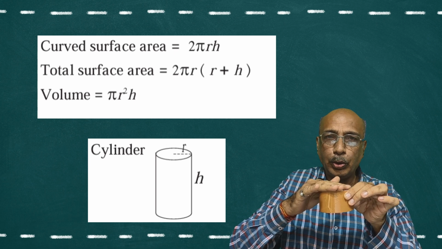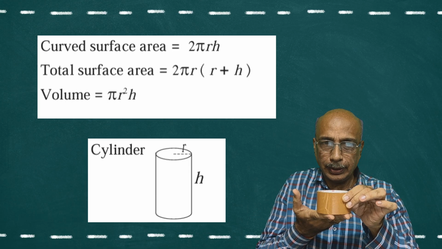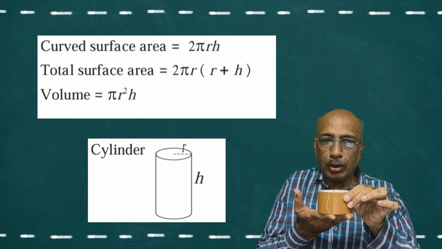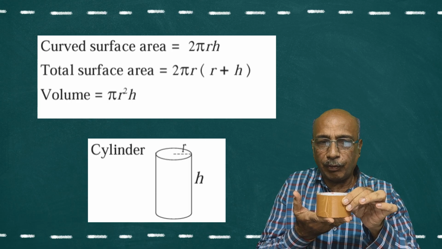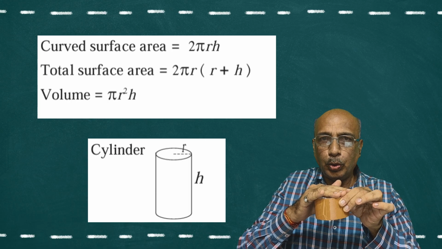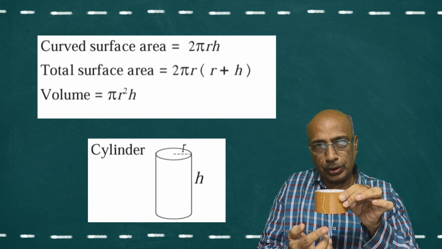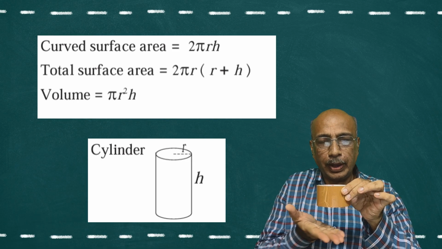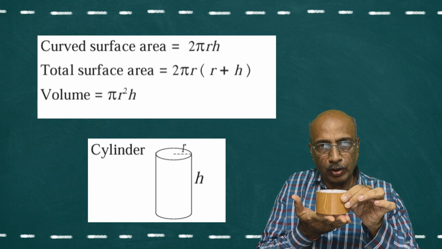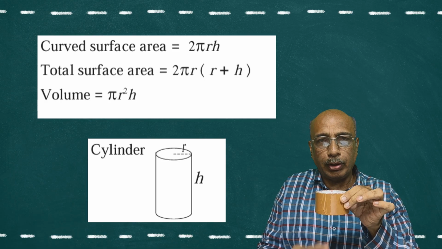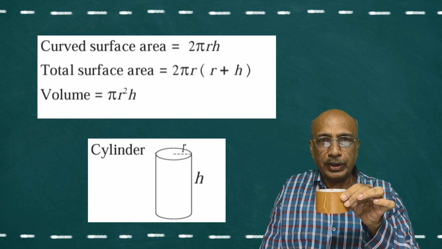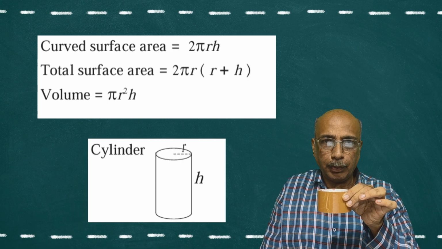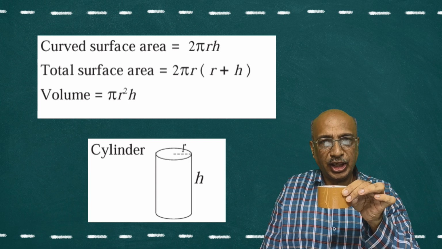So it will be 2 pi r square. So total surface area will be 2 pi rh, that is curved surface area, and 2 pi r square top and bottom. So 2 pi r we will take common. Total surface area will be 2 pi r in bracket r plus h.